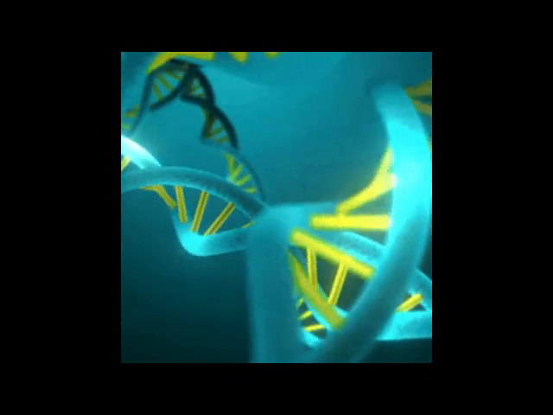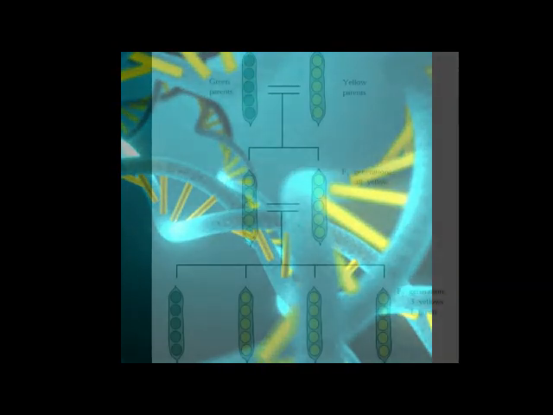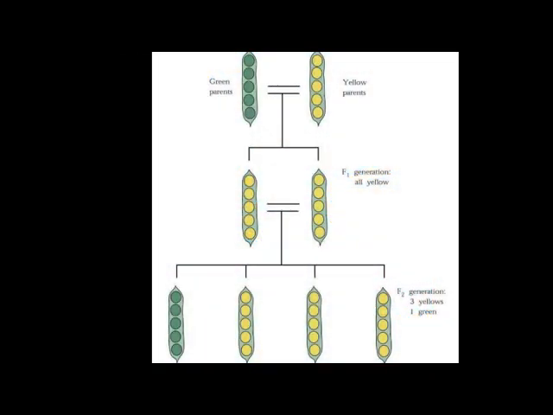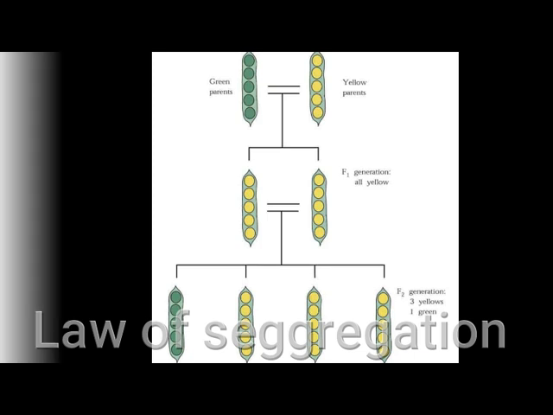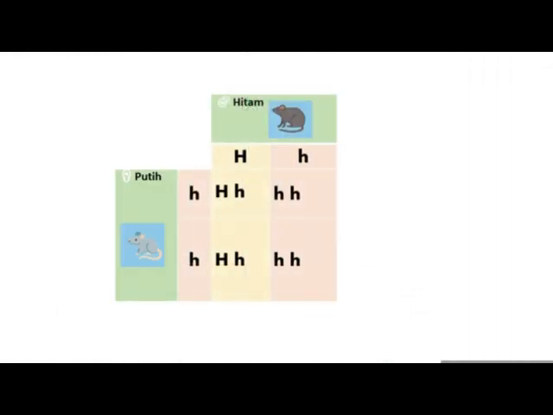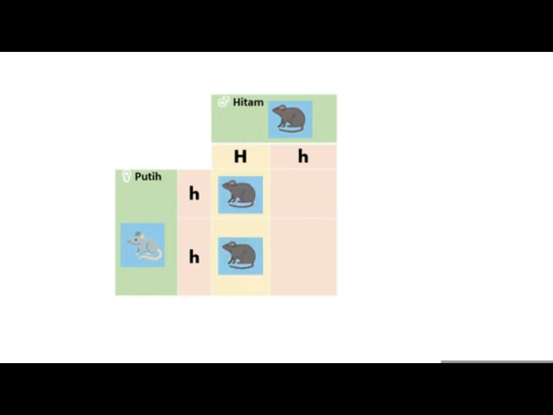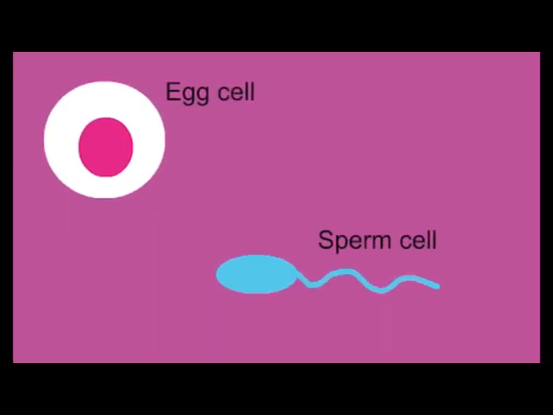At the time of reproduction, when gametes are formed, these factors segregate so that each gamete receives only one factor of each character. This is called the law of segregation. Fertilization brings these two factors again together in the offspring.